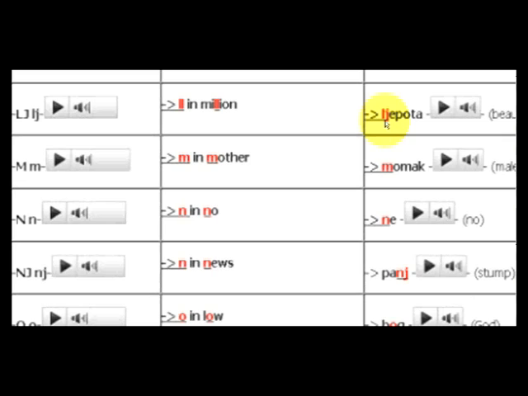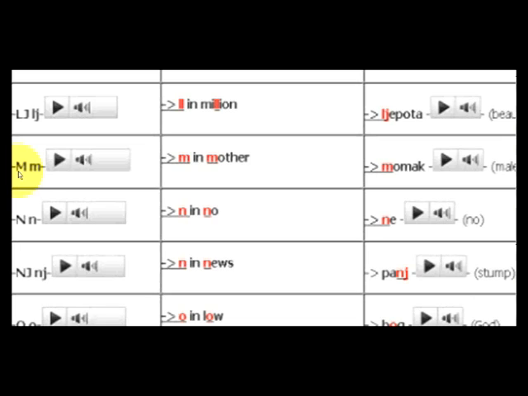Letter Lj in Croatian is a combination of L and J letters, and it's similar to English words that have a combination of letters that produce one sound. So you put L and J together to create Lj. L, J, Lj. Ljepota.